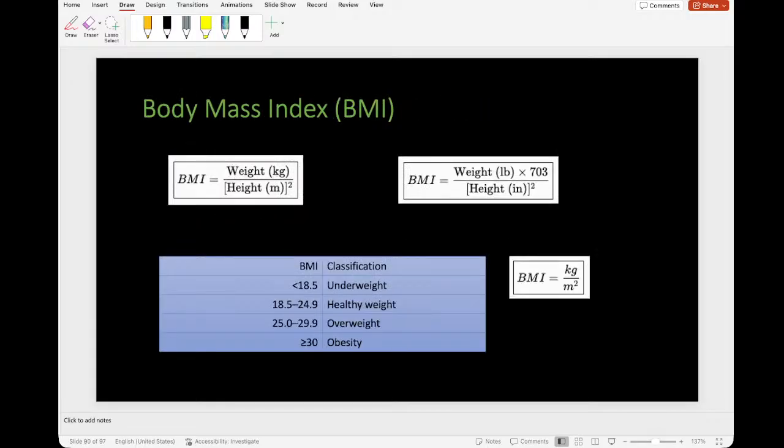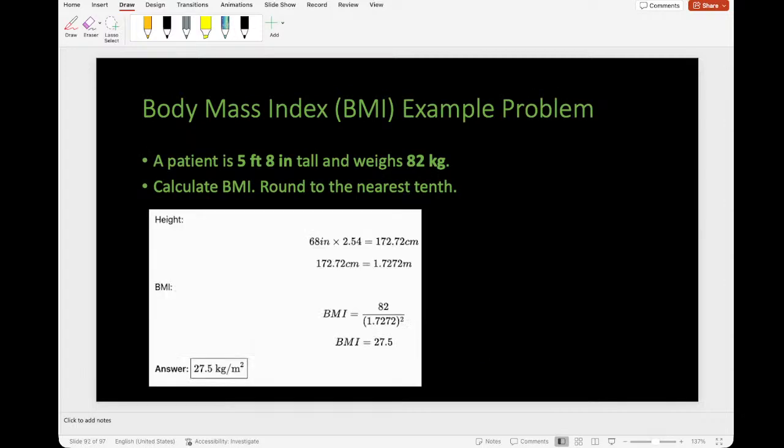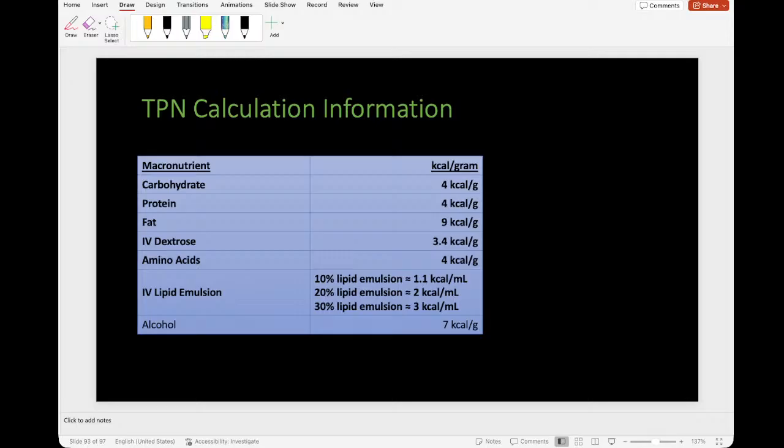And then here's some more on body mass index, how it's calculated, the units used, and the categorization of what's considered obese, overweight, healthy weight, and underweight. And here's a problem on body mass index. Then TPN calculation information.